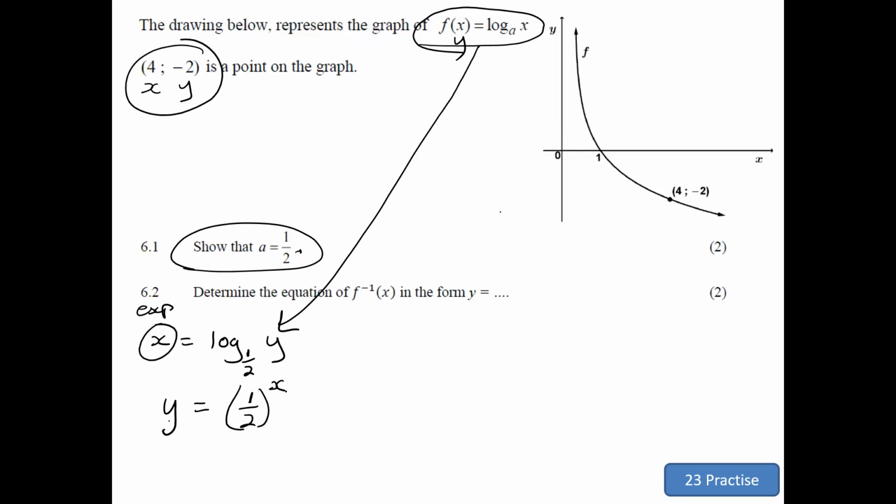So we have y is equal to half to the power x. That is the inverse. They said leave it in y form. We could actually change it if we want to a negative power, 2 to the power minus x, but there's no need to do that. We can leave it as y equal to half to the power x.